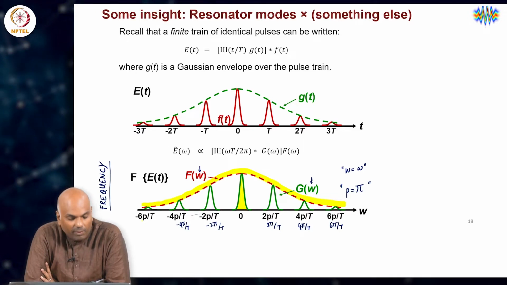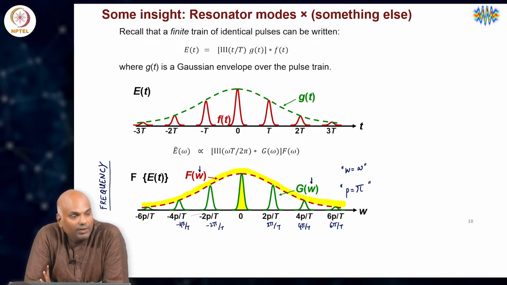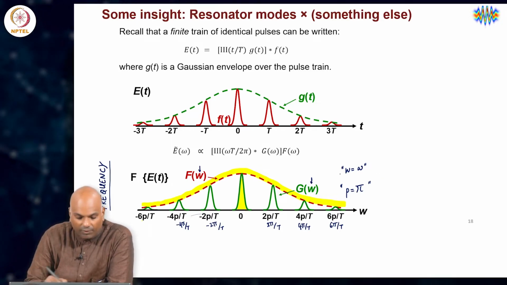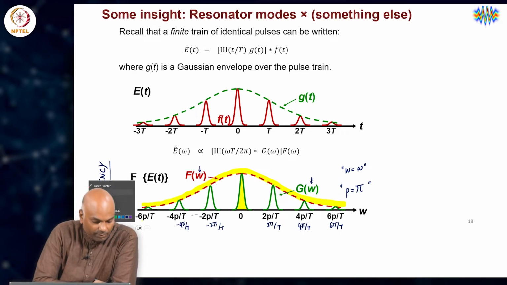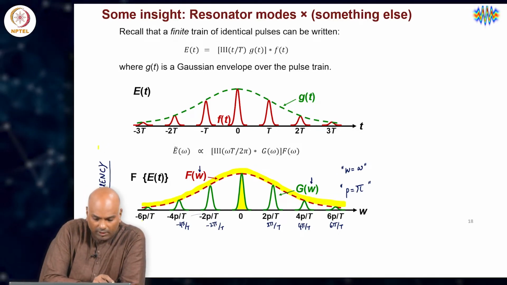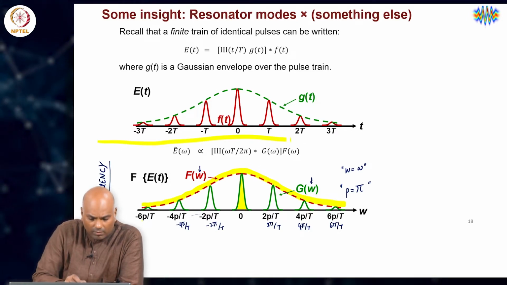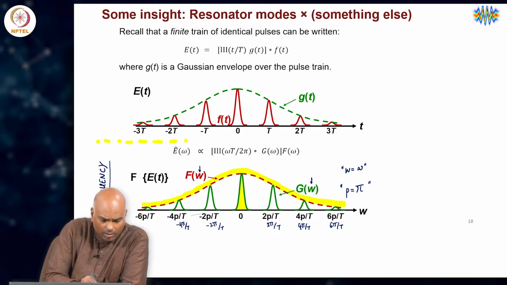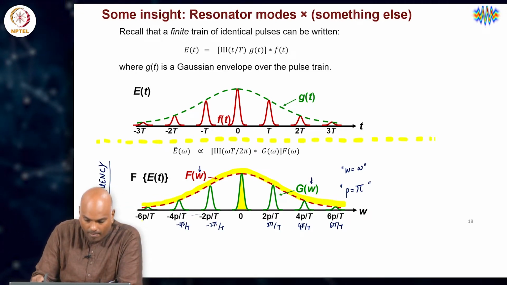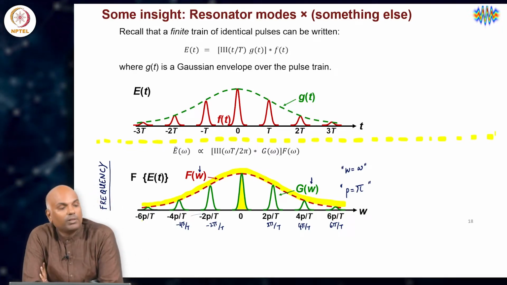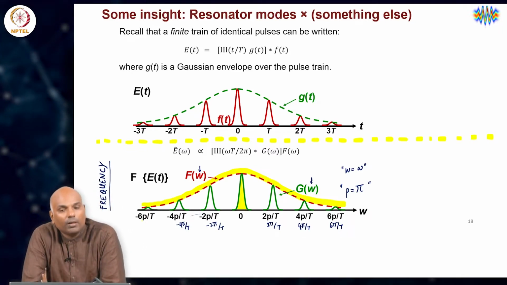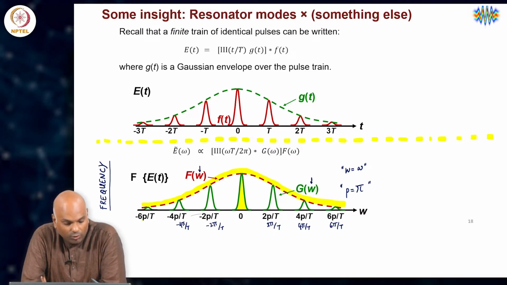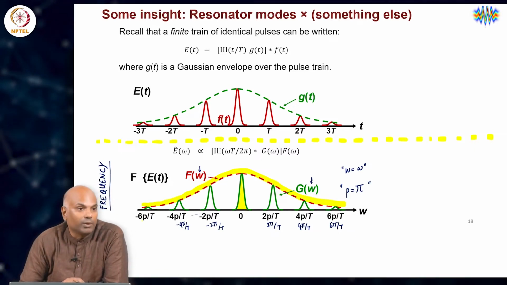Now, we make a jump. We ask the question, since the bottom view graph is in terms of frequencies, when I call this the bottom, the bottom half is about frequencies, we can ask what is the function whose Fourier transform looks like this in the frequency domain.